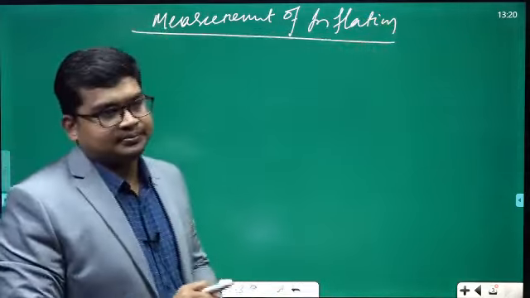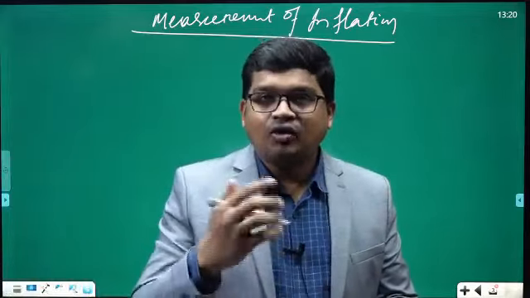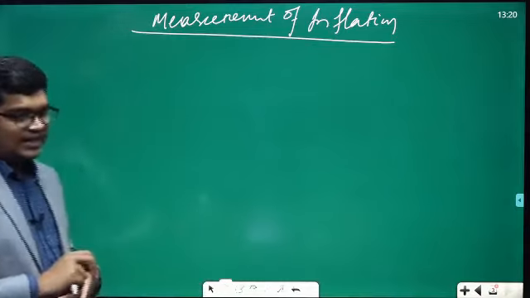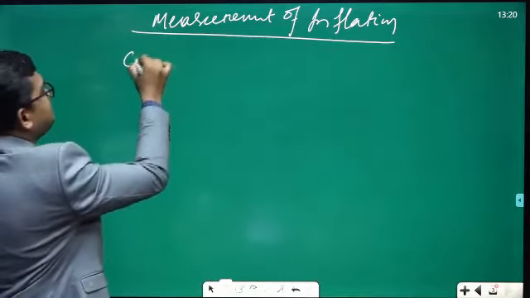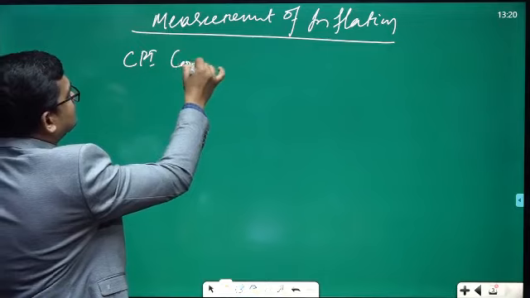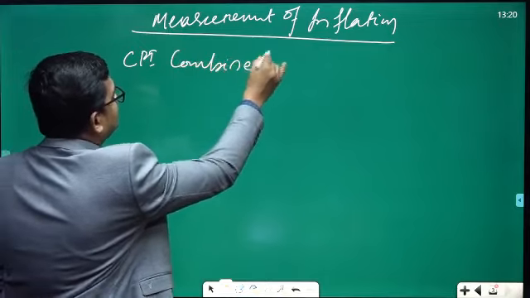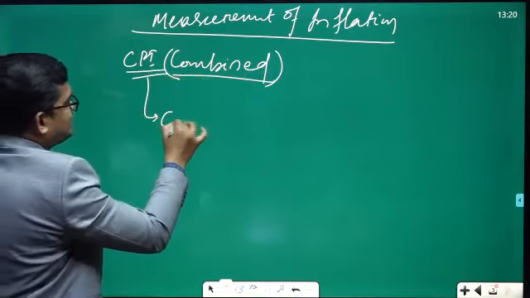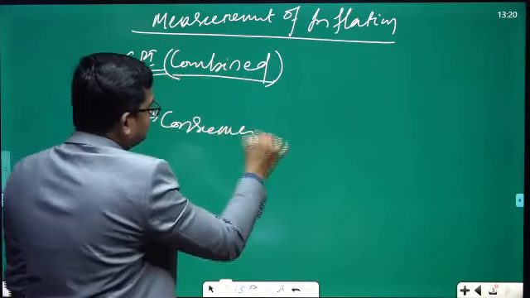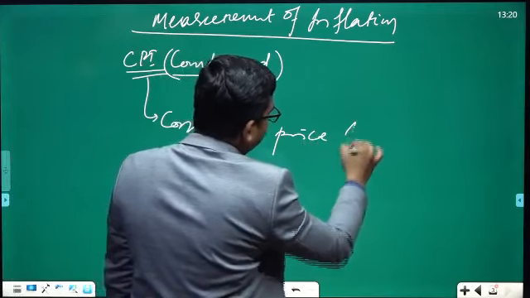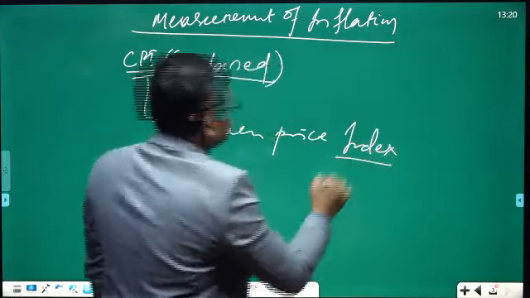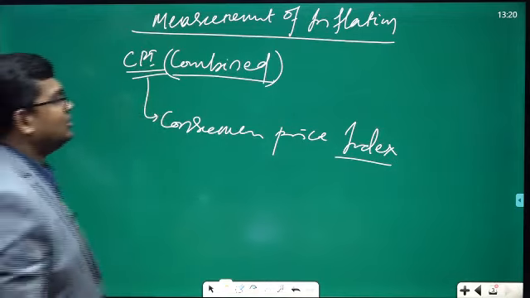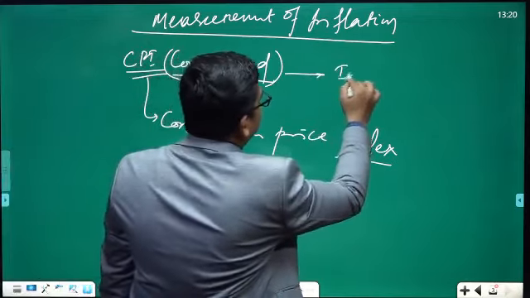Measurement of inflation. That means how inflation in our country is measured. In India, CPI combined. What is the meaning of it? Consumer Price Index. Consumer Price Index combined is declared as the new standard for measuring inflation.